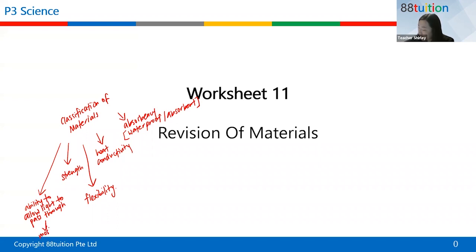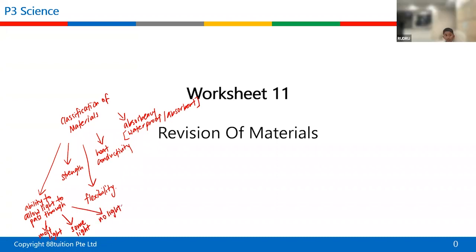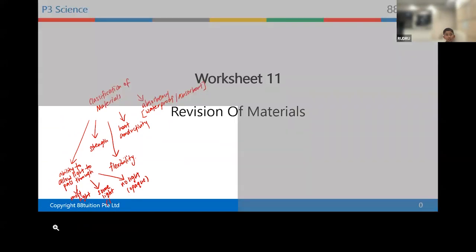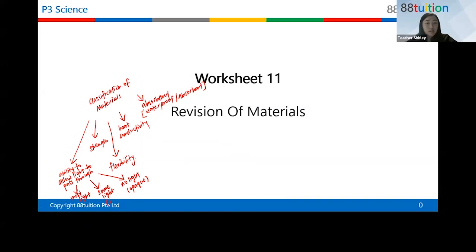Most light, some light and no light. Some materials allow some light, and some materials allow no light. Of course it's good to know opaque means no light. Some light means translucent. Hold on a second. Okay.